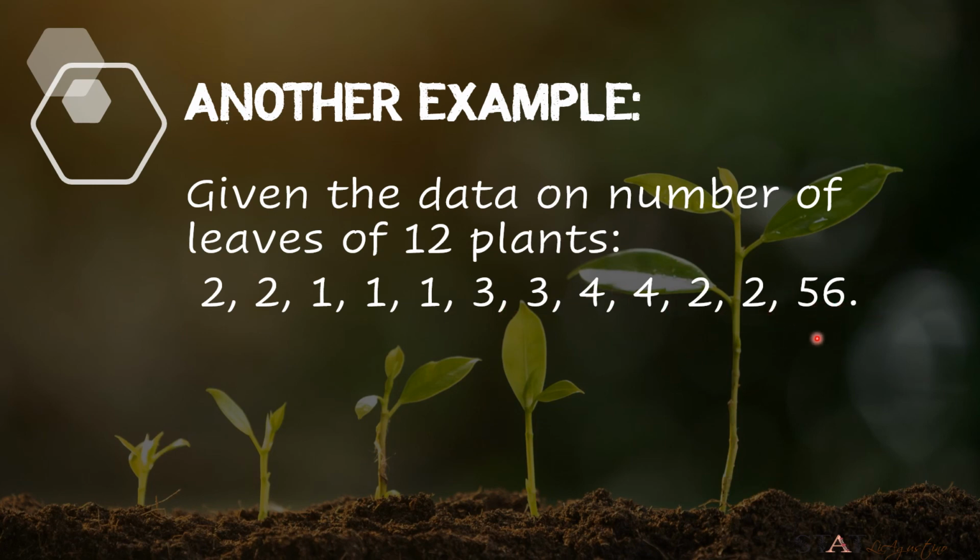Oh, there's a grown-up plant because it has 56 leaves. But I will ask you, what is the mode of our data set? So the mode is 2 because 2 occurred 4 times. 1 occurred 3 times only. So our mode in this data set is 2 because it occurs with the greatest frequency in a data set.